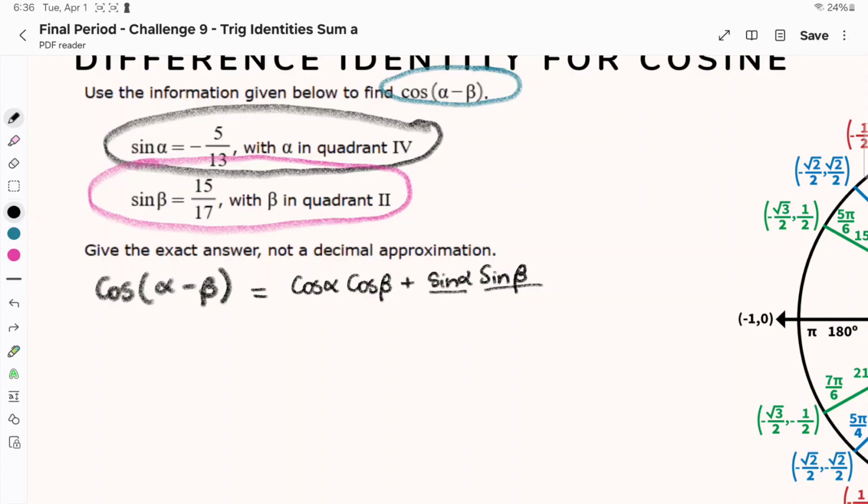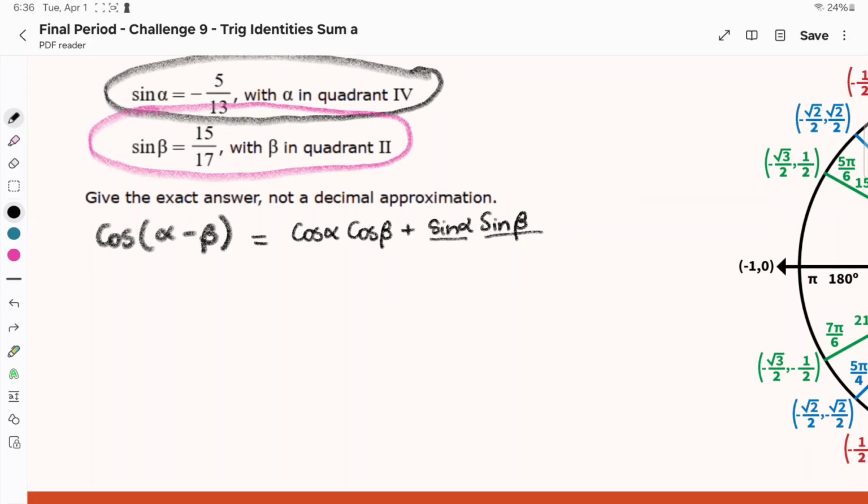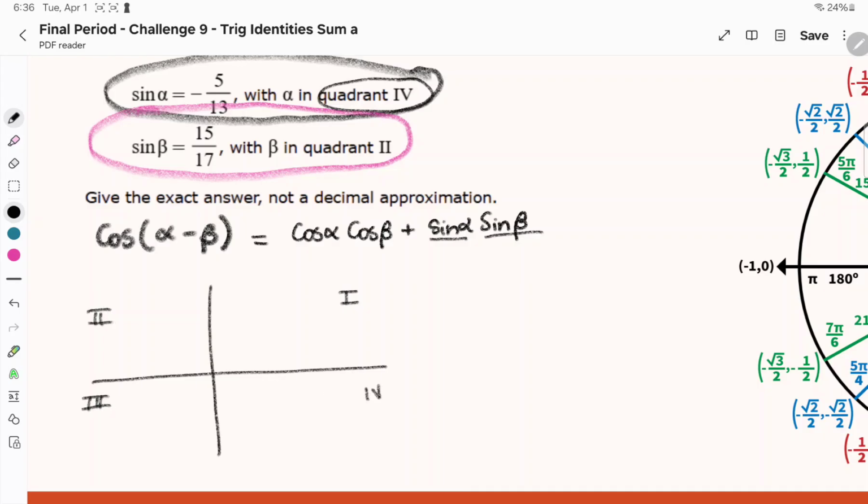Okay, what we're going to do is we're going to draw angle alpha and angle beta. So I'm going to start with angle alpha. It says that it is in the fourth quadrant. So remember, this is the first one, this is the second one, this is the third one, and this is the fourth one. So my angle alpha is in the fourth one. So it would be here. And remember what we did here?